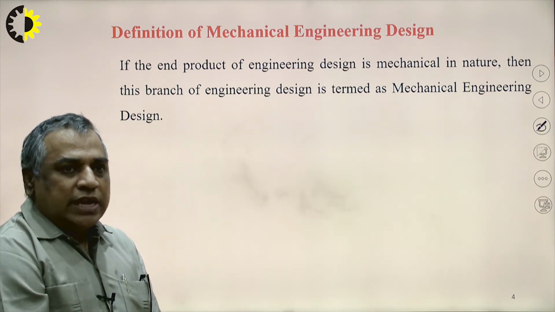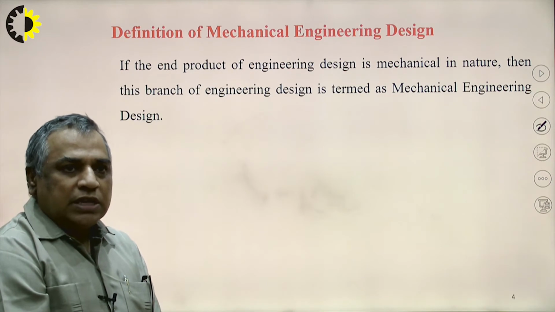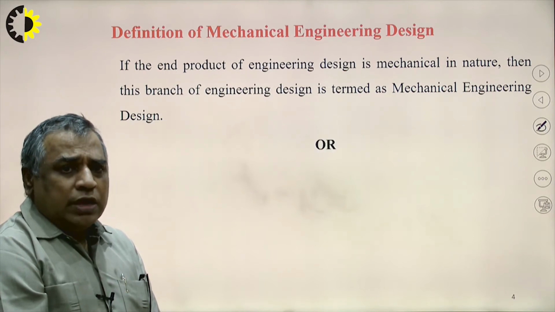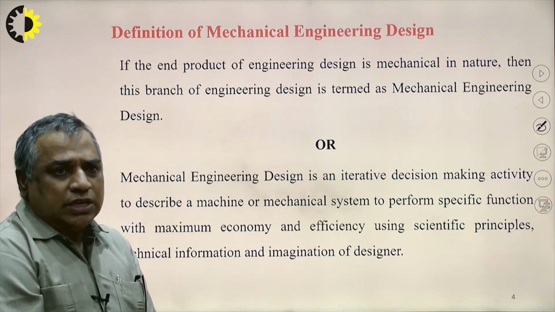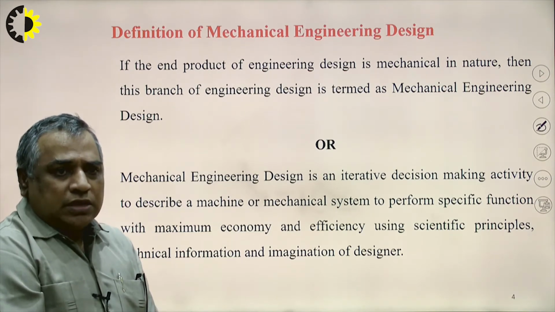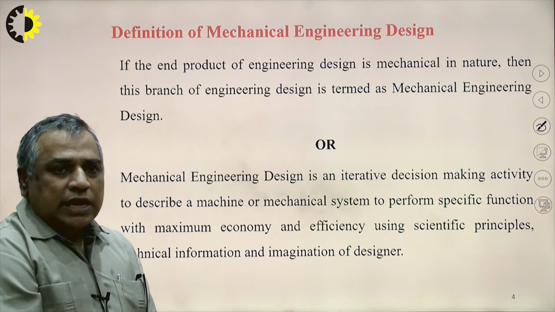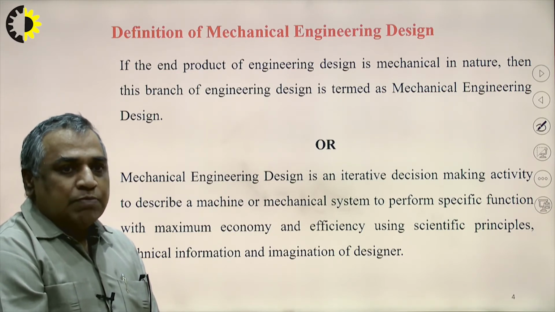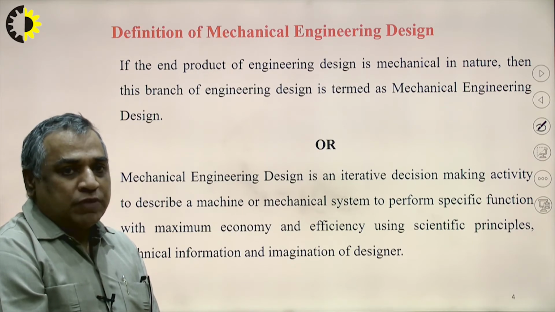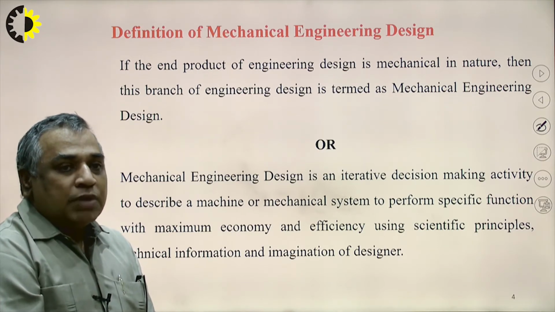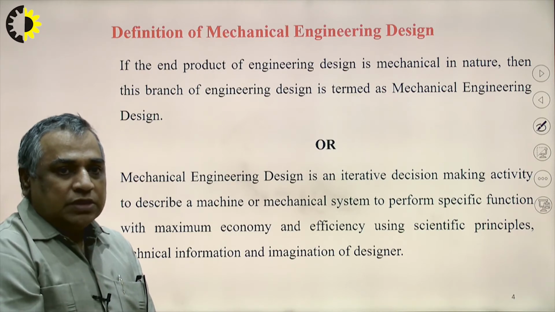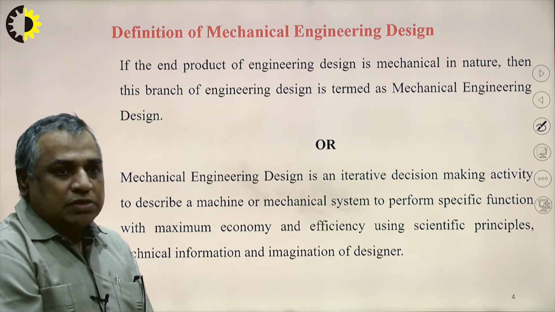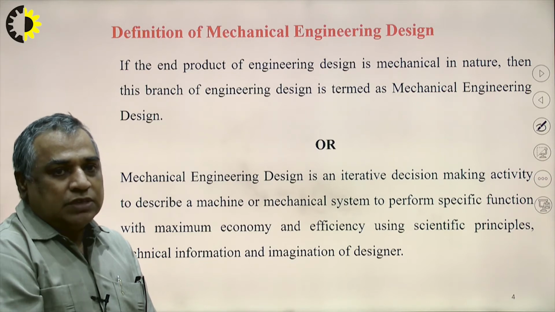As we have already studied the engineering design definition, we can also write the definition of mechanical engineering design in that form. Mechanical engineering design is an iterative decision making activity to describe a machine or mechanical system to perform a specific function with maximum economy and efficiency using scientific principles, technical information and the imagination of the designer.